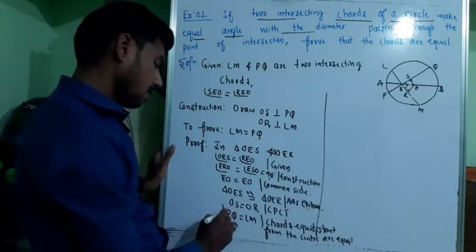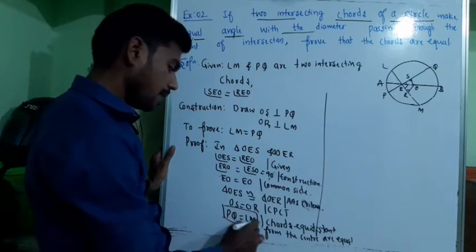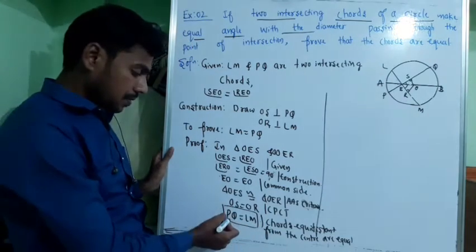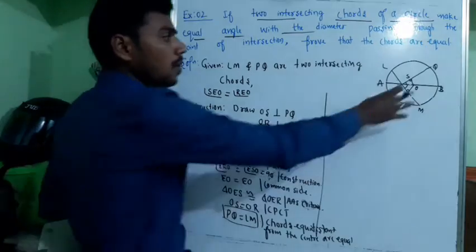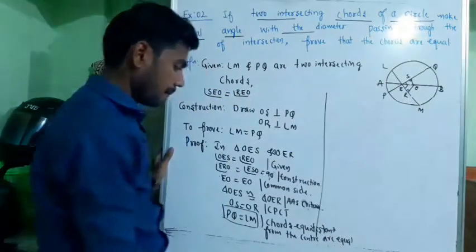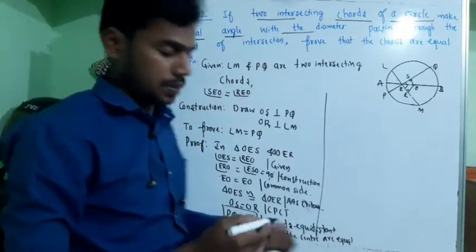So this is the thing we had to prove. So we proved it. PQ is equal to LM. So please note this down.